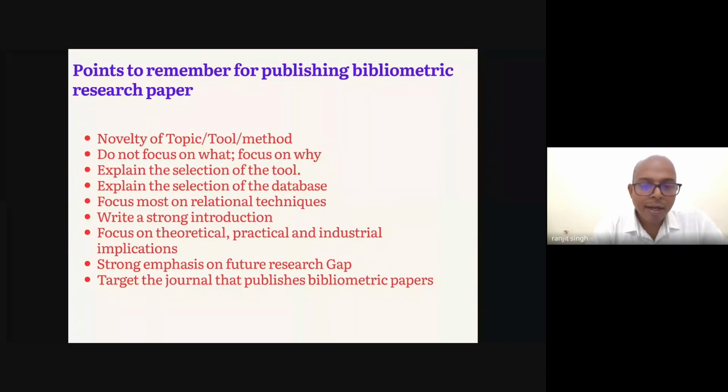Now, generally, A star journals do not publish bibliometric analysis. That might be a direct or an indirect reason for not publishing bibliometric papers. It is totally the view of that editor. But in my personal experience, I also interacted with some A star editors and raised this question. They said directly to me, Ranjit, you have to agree that a bibliometric paper has limited contribution.